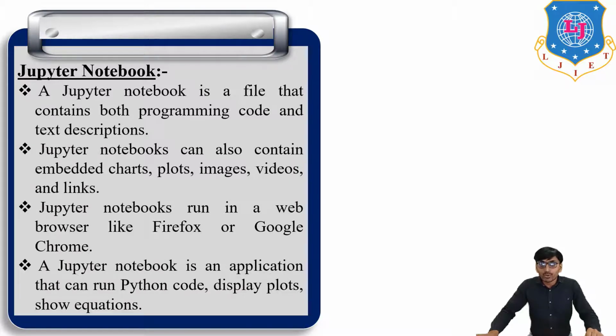A Jupyter Notebook is an application that can run Python code, then display plots and show equations. So if we enter some Python code in Jupyter Notebook, then it shows the output of that code and it also displays plots from that code. Okay, and it also shows equations.